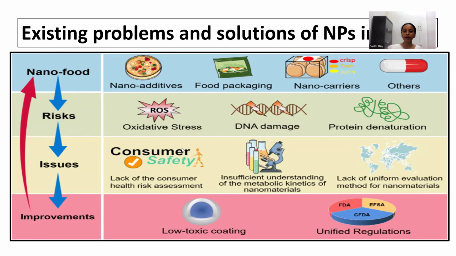To protect against those, we can produce unified regulations and also use low toxic materials. The solution of using low toxic materials is altering the use of chemicals to biopolymers. That is one of the major solutions for producing low toxic or non-toxic nanoparticles.